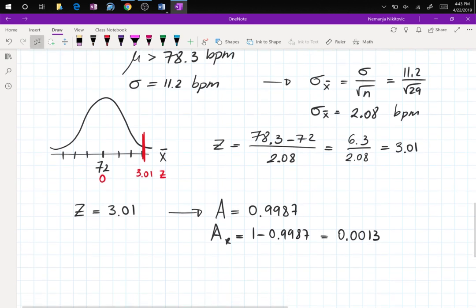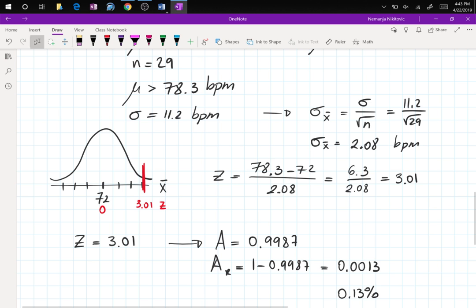So what is the probability that the randomly picked worker will have a heart rate larger than 78.3? Probability is 0.13%. It's an extremely small probability.